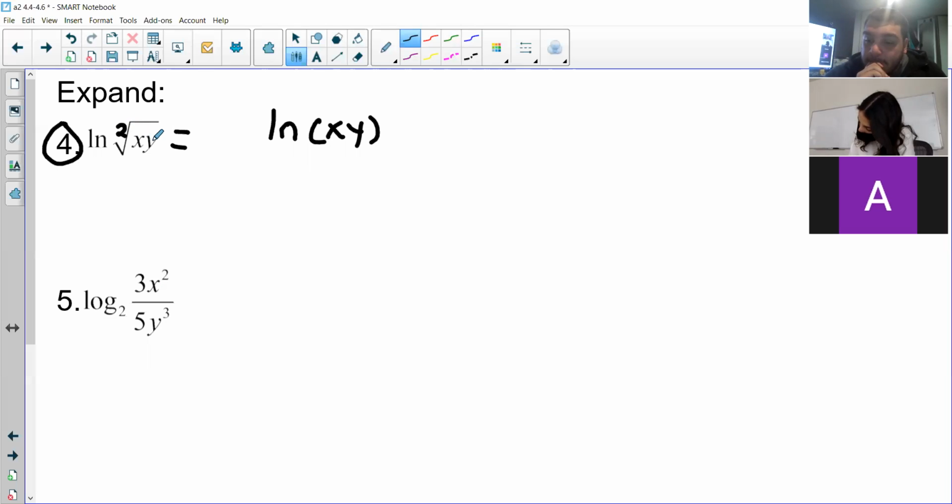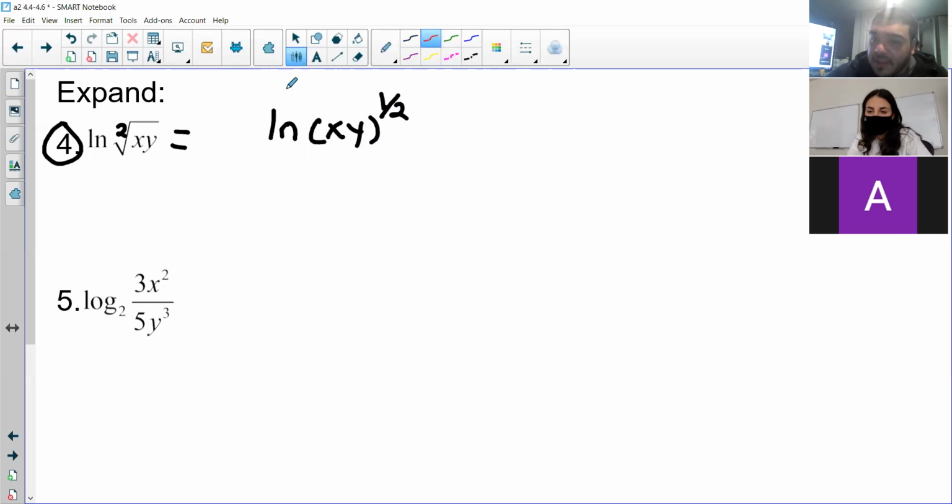What is the exponent for a square root? The square root exponent is 1/2, a fraction, 1/2. So your exponent is a fraction, and that's okay.